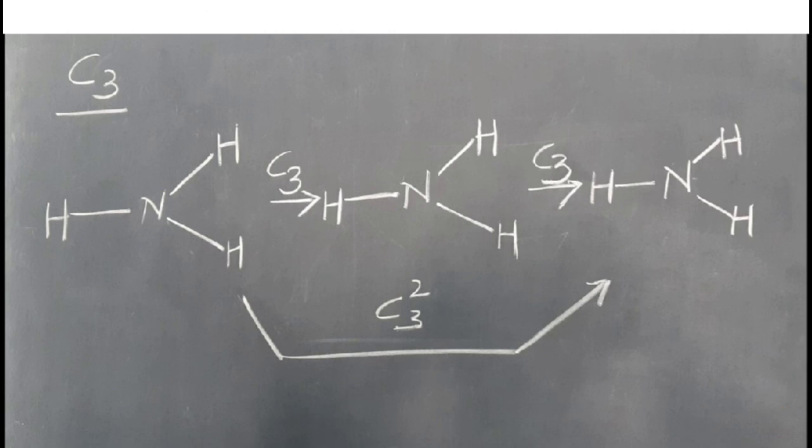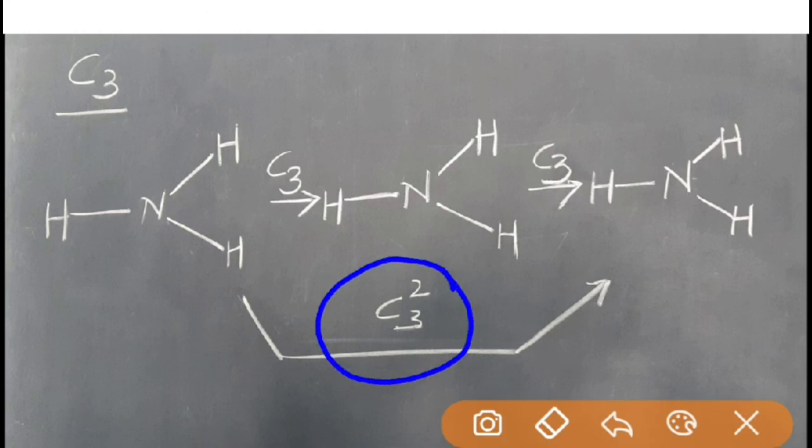Now this particular thing has been given to you to make you understand there is an operation which is also termed as C3-2. Such operations are also considered and are possible within various molecules. So when I say C3-2, it means I am performing C3 two times. This is C3-1, which could be written simply as C3, and when I perform the C3 operation a second time I get this final configuration.